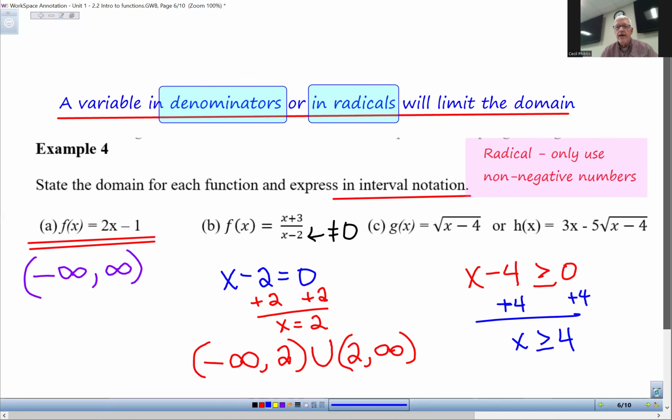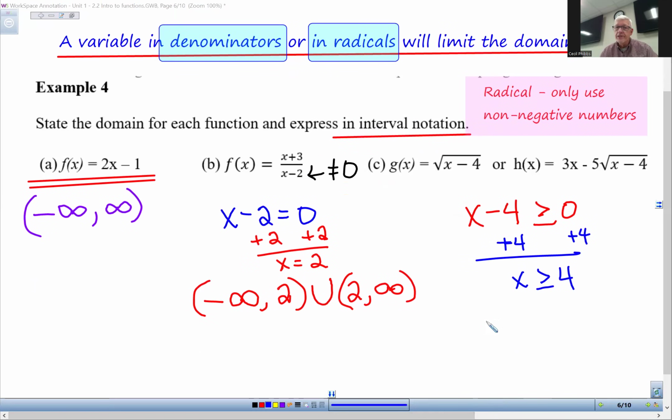And how do we write that? Well, we're going to use interval notation. That would be 4 to infinity with a bracket this time, since it is also equal to 4. Now, you notice we have two different functions here for this example. We are only concerned with what is inside the radical. What is underneath our radical cannot be a negative value.